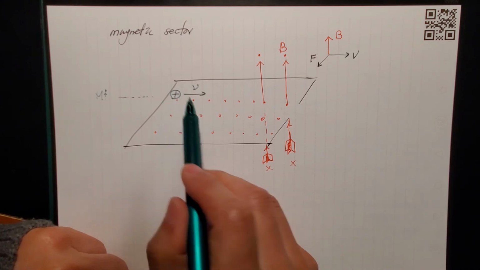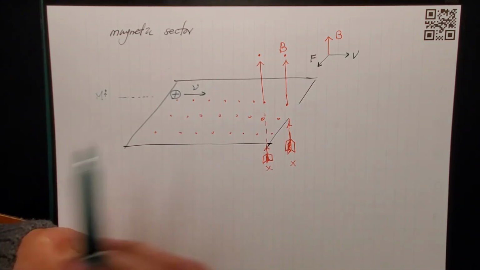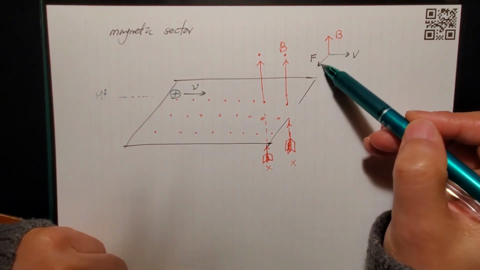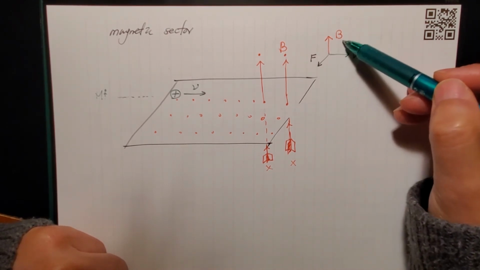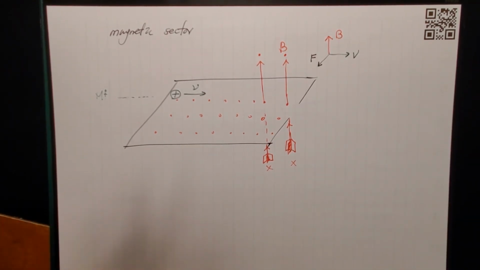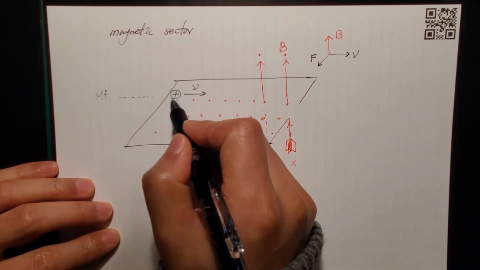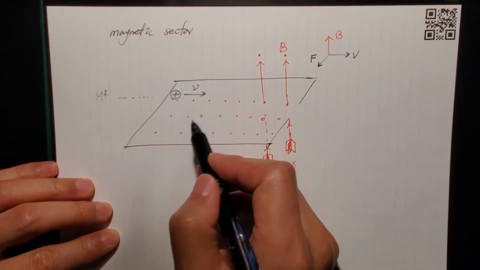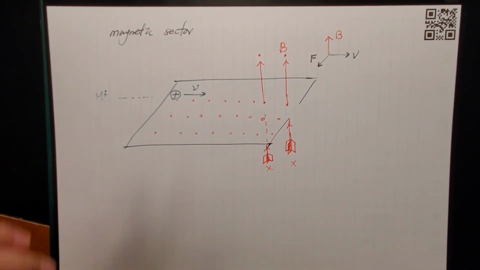So when the charged particle is moving in the magnetic field, it gets a force. When it's a positive charge, the force is going this way, okay? When the particle is negative, the force is in the opposite direction. Therefore, this charged particle keeps getting F amount of force as it travels, keeps getting more and more force, not one time, constant force.